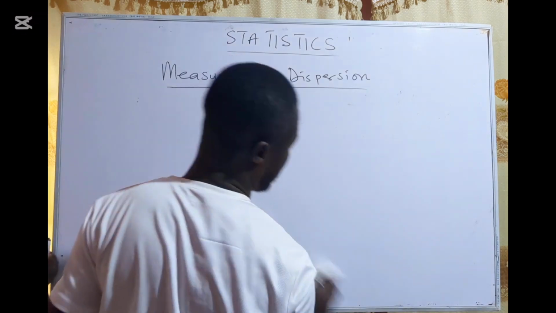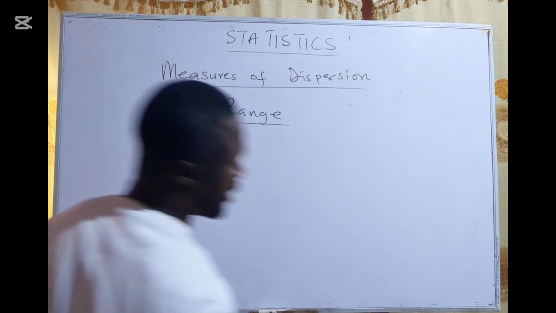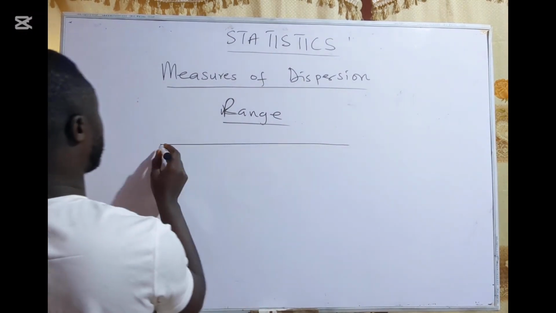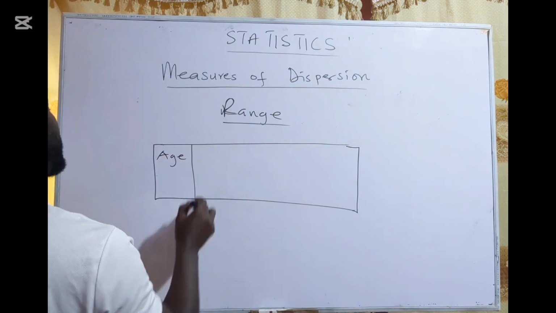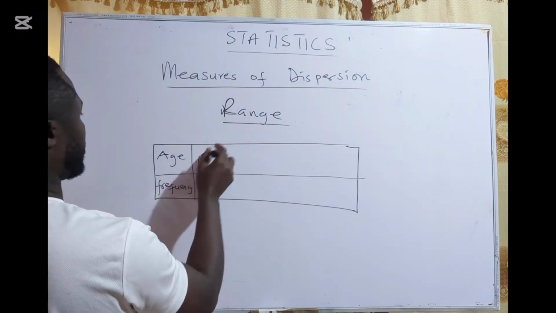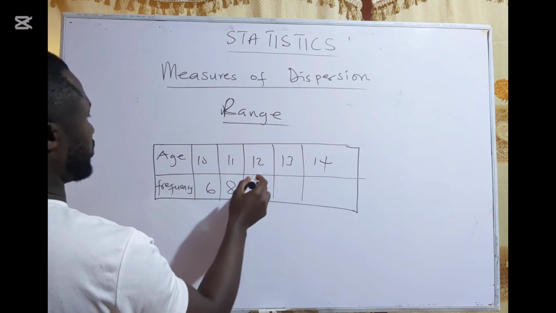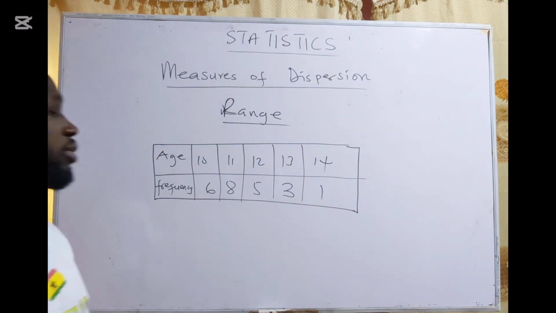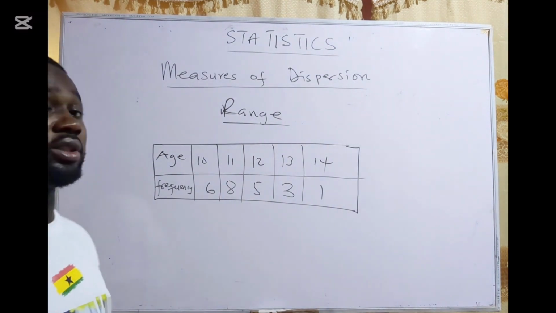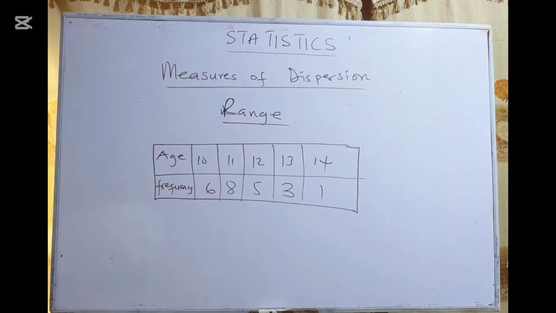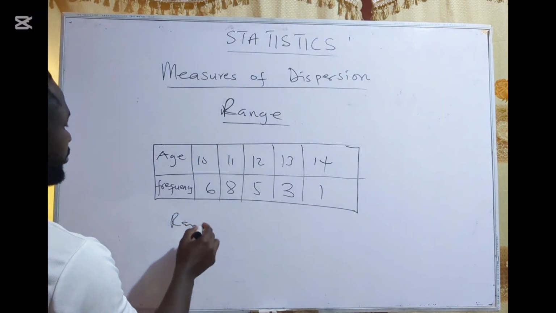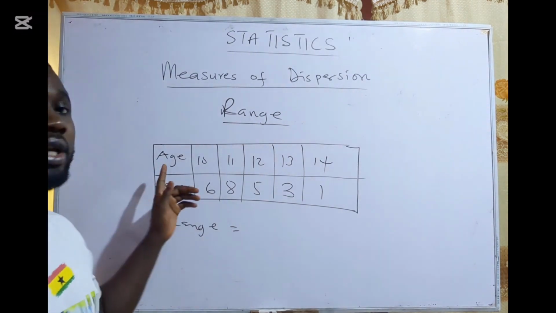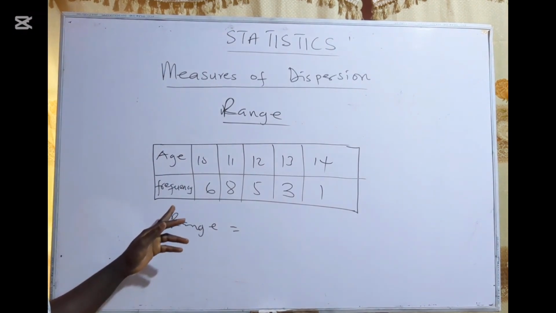All right, so let's also look at the range from a frequency table. Let's look at the range of this frequency distribution table. What will be our range here? Here we have age and frequency.